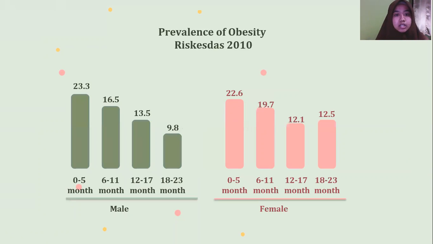This is the prevalence of obesity based on gender, for male and female. For male and female, we can see the higher number for obesity in the 0 until 5 month group. For male, it is 23.3 and female 22.6.